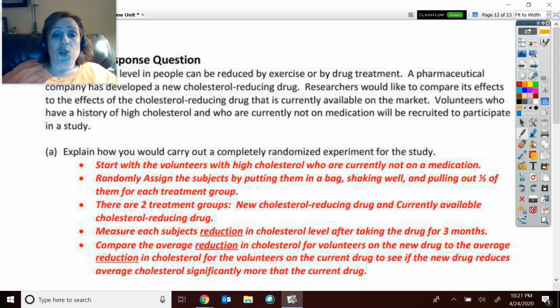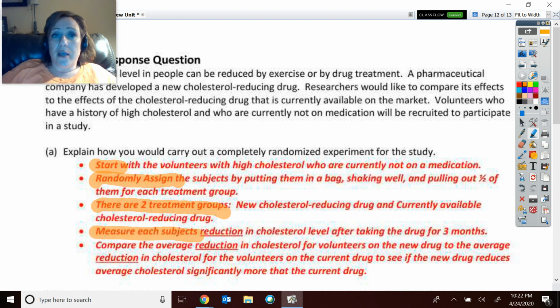In addition, do you remember StratMeCapped? Start with the subjects that you have. Randomly assign them with a big bag. Shake your bag up. Treatments: state your treatments very well.